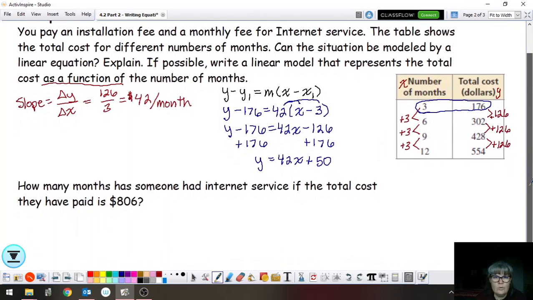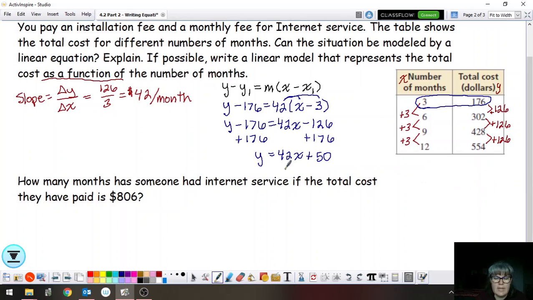And the question we're going to use the model to answer is, how many months has someone had internet service if the total cost they have paid is $806? Total cost is y, so this time we're going to replace y with the value.